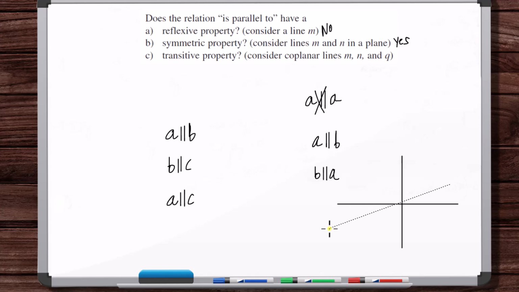So my gut tells me that the answer to this is no. Not necessarily. It could be, but it's not like universally true.